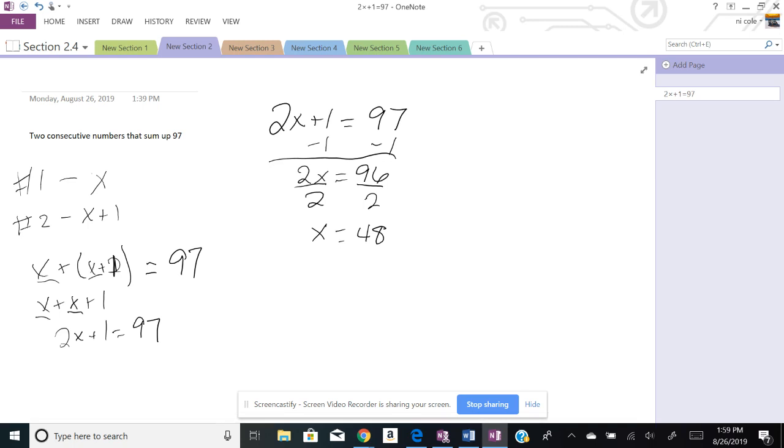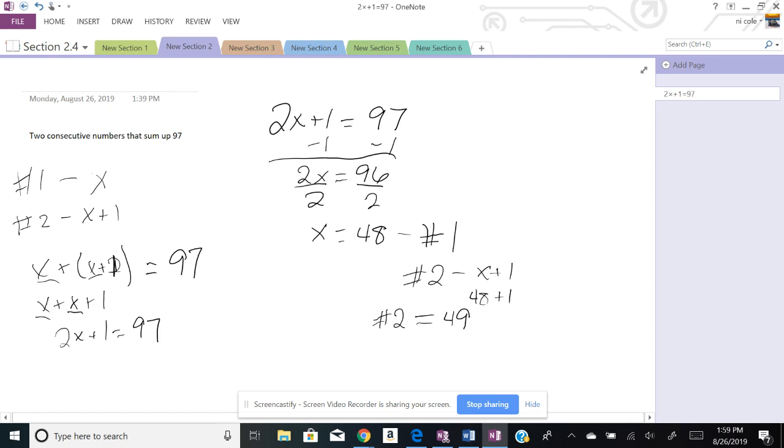All right, so the first number is 48. What's the second number? This is number 1. Number 2 is, remember, X plus 1. So I'm going to replace the X, which was 48, plus 1, which gives me, oh, not 47, 49.